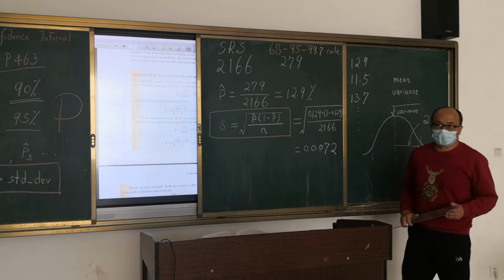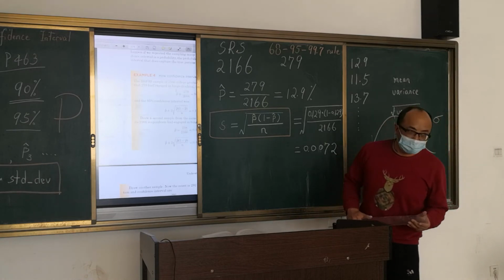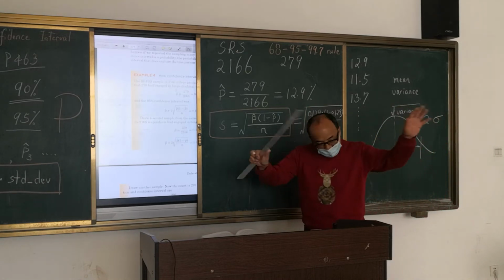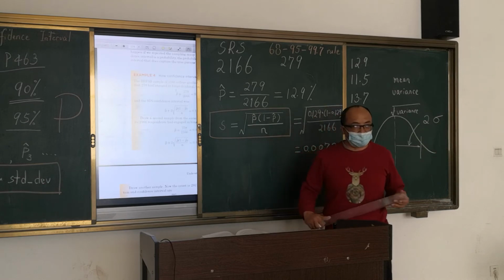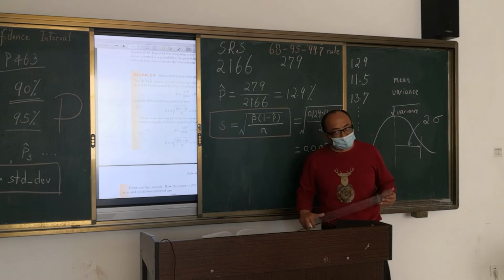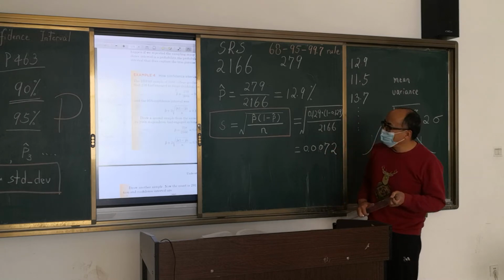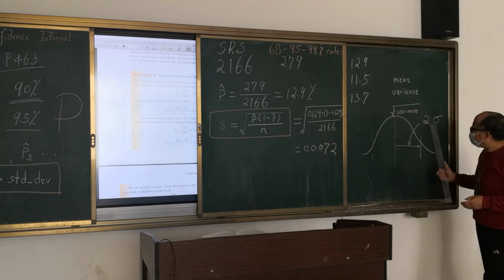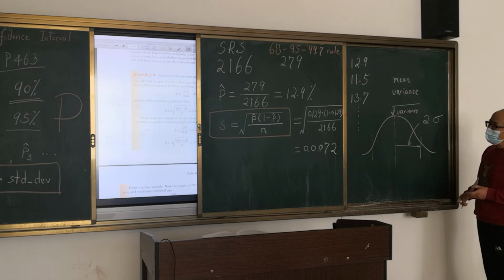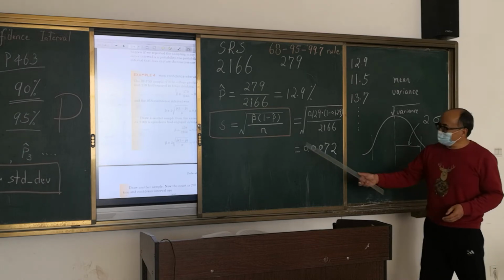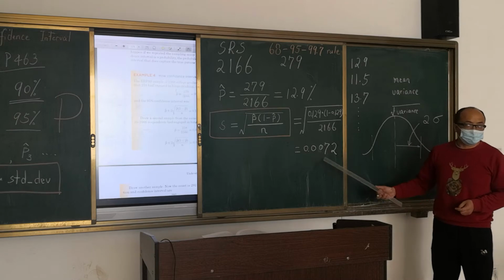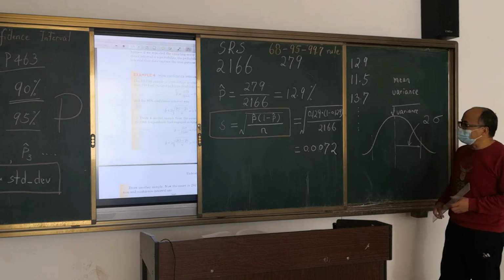Sigma is for the population. This is for the sample. Anyway, we consider this a sigma.